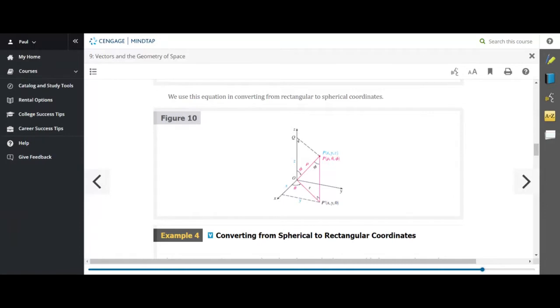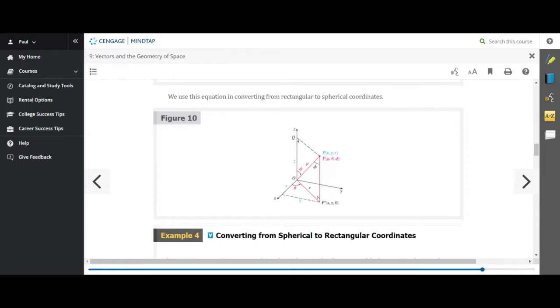So the sine of phi is the radius r divided by the hypotenuse rho. You see that in the vertical red triangle in figure 10? Opposite phi is that radius r, and in that vertical right triangle, rho is the hypotenuse.